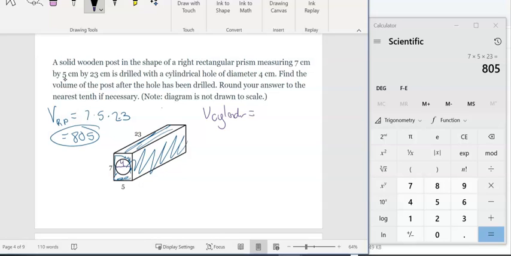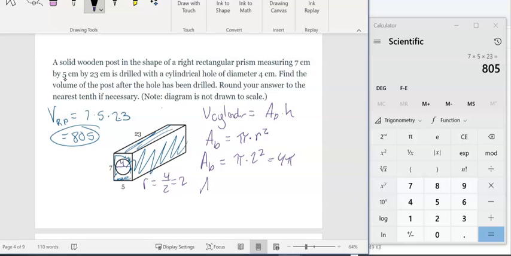Well, the area of the base of this is a circle, so the area of the base is pi times the radius squared. The radius is going to equal half of the diameter, so 4 over 2, which is 2. So area of the base equals pi times 2 squared, which equals 4 pi.